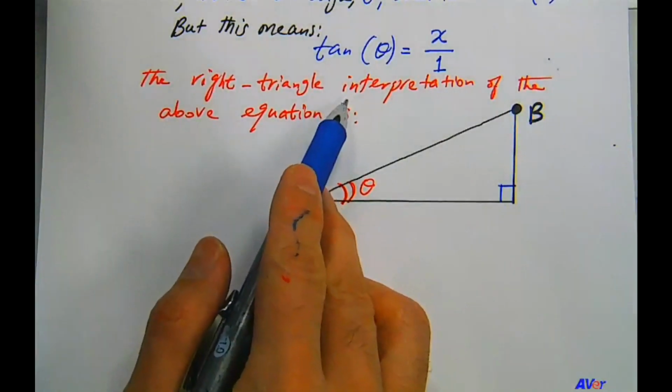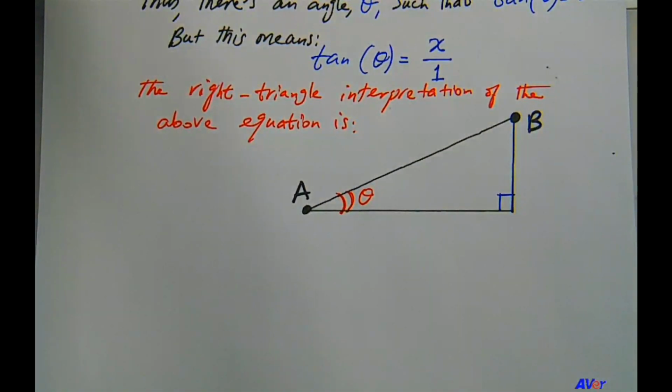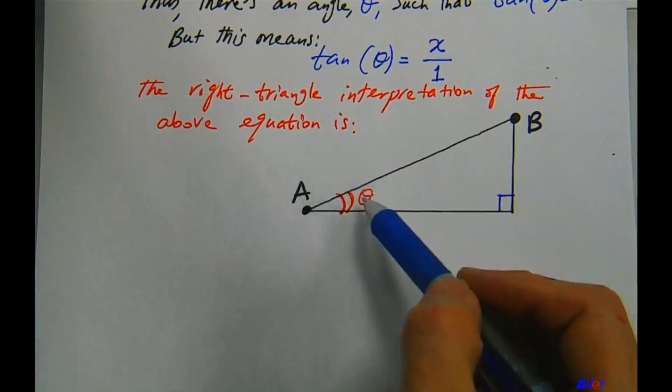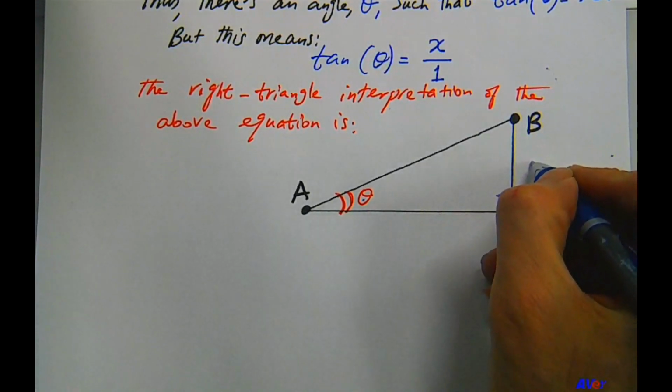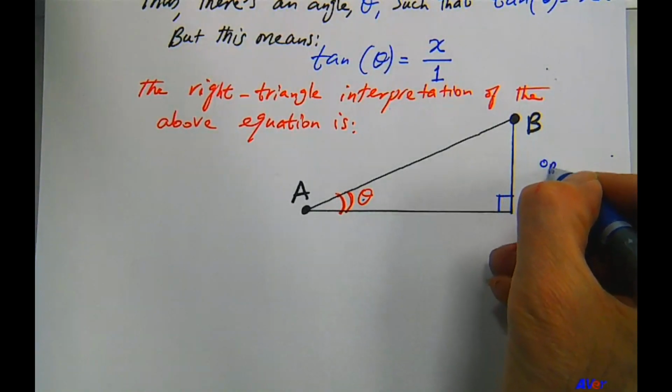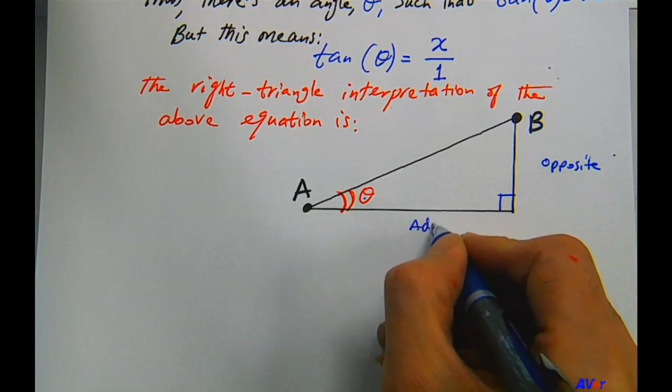So a tangent is equal to, this is from way back in the previous videos, the tangent of an angle is equal to the opposite divided by the adjacent, right? So this is the opposite, and this is the adjacent.